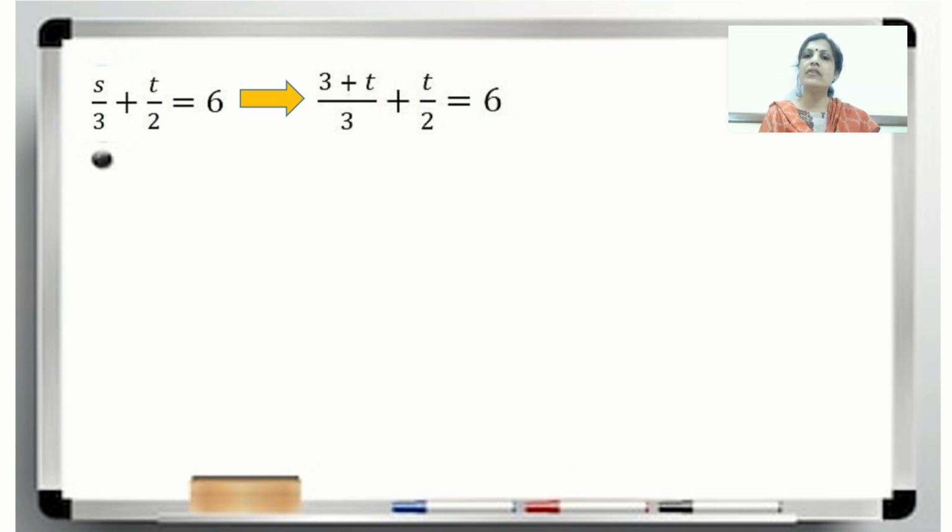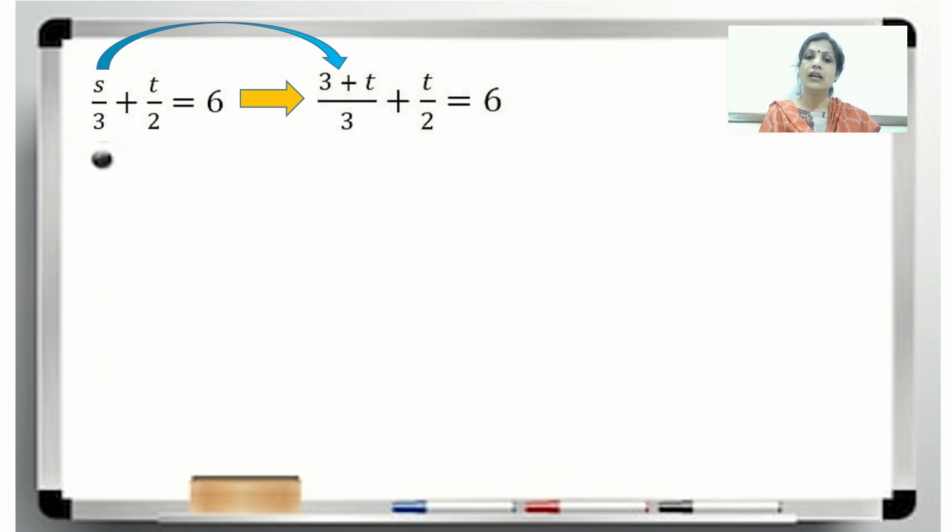In this equation, we are substituting the value of s as 3 plus t. So look over here. The equation will become (3 plus t) upon 3 plus t upon 2 is equal to 6. Now this new equation we have to solve. How will you do that?